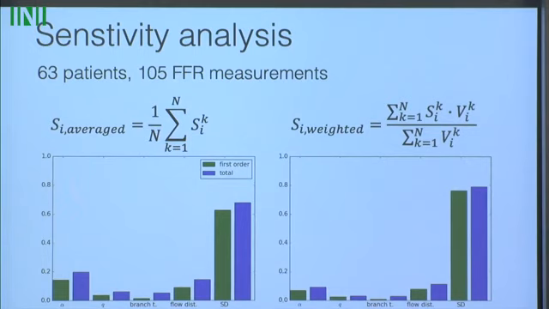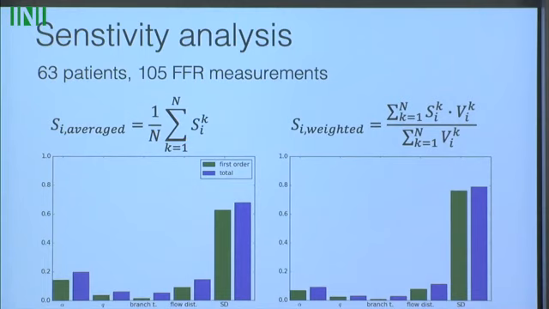Then we have looked at both the average and the weighted Sobol indices, and we see that no matter how you look at it, it's the stenosis degree that is the crux in this game. So if you can handle the geometry correctly, then you are likely to be able to predict FFR correctly.